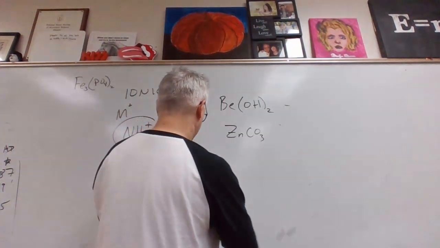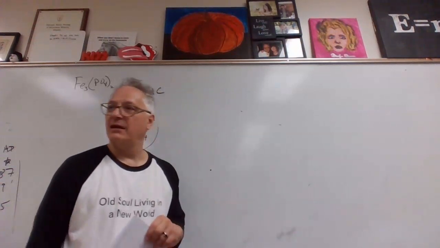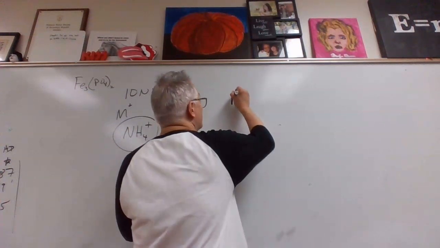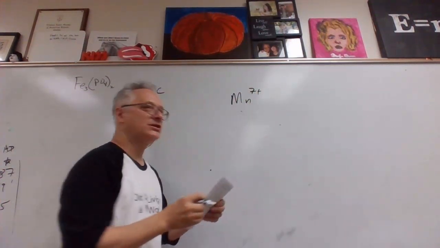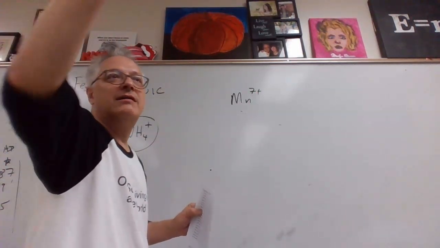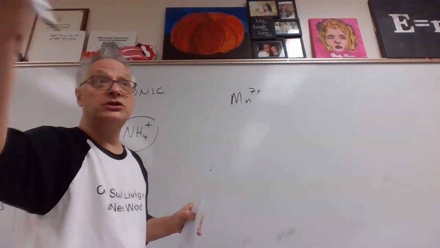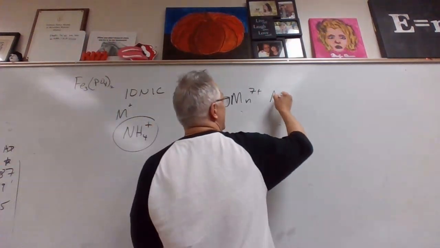Now, this one's a little strange. Manganese is very interesting. It can get a really big charge on it, and this is manganese with a +7. And they say arsenide. Nitride gets a -3, phosphide gets a -3, and arsenic, when it becomes arsenide, would have a -3 charge.